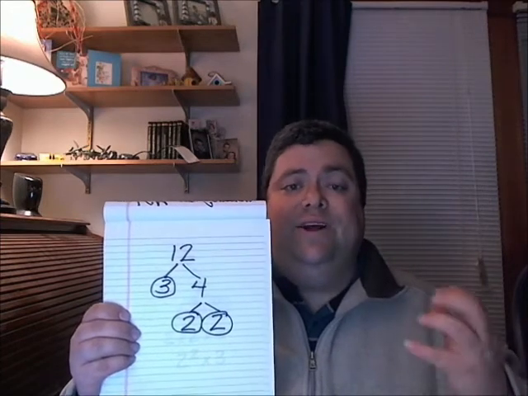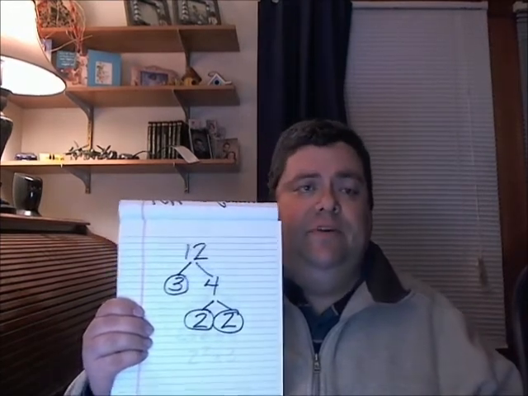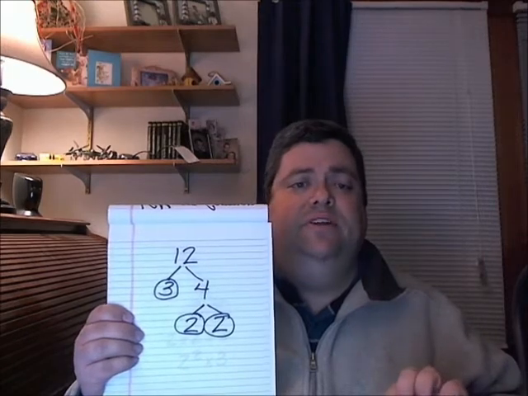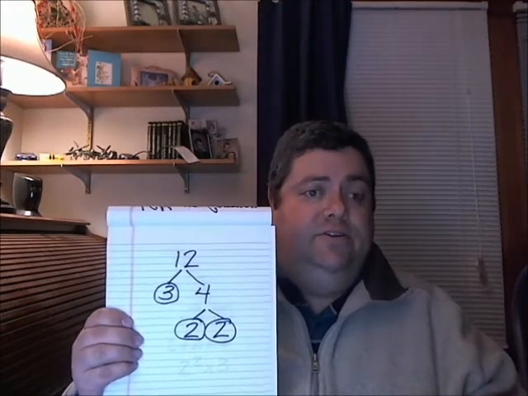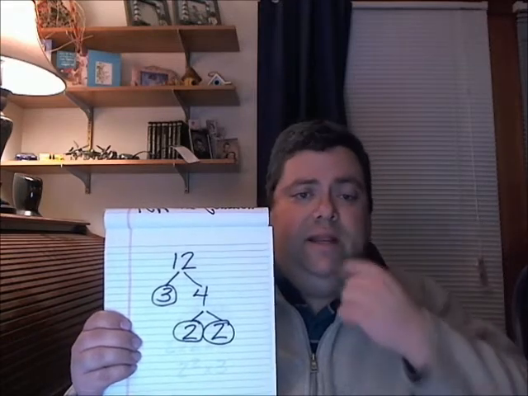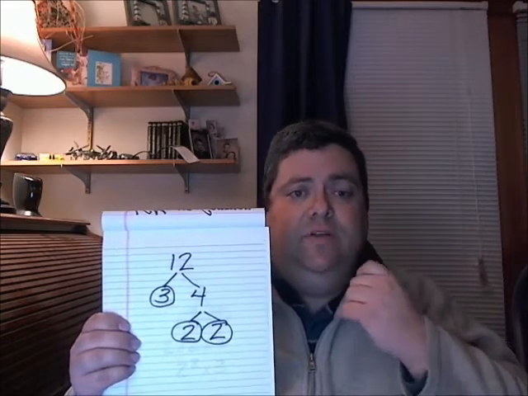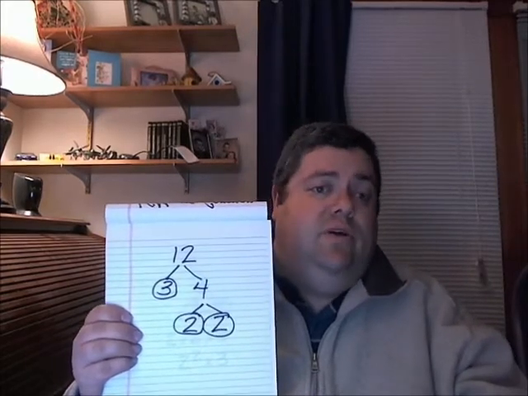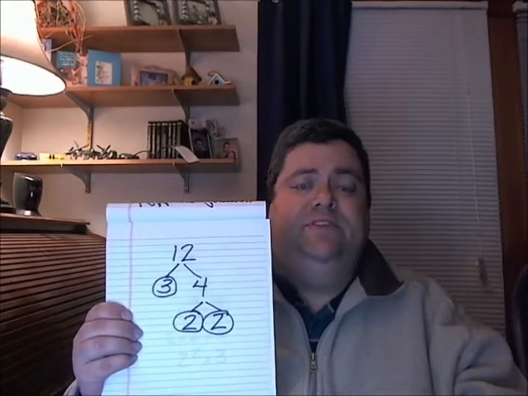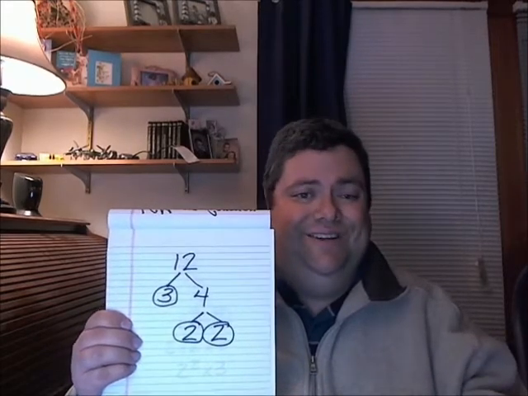4, on the other hand, is a composite number, and if you remember from the earlier video, a composite number is a number that has 3 or more factors that go into it. So 4 being an even number, the only even number that is prime is 2. Any even number after that, 2 will go into it, so all even numbers besides 2 are composite numbers.